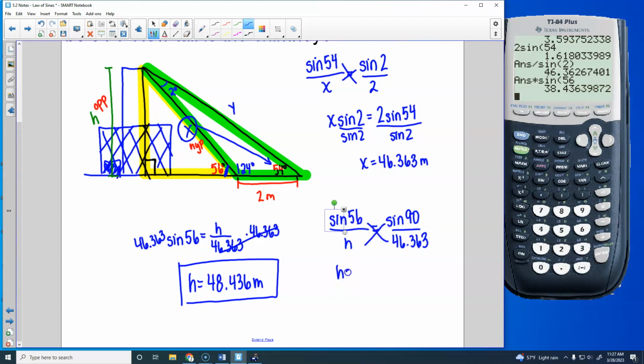You will get h sine 90 equals 46.363 sine 56. The reason that you get the same answer is because sine of 90 is 1. So when you divide by sine of 90, you are really just dividing by 1. So it's the same as doing what we just did, and you'll get that same answer right there.